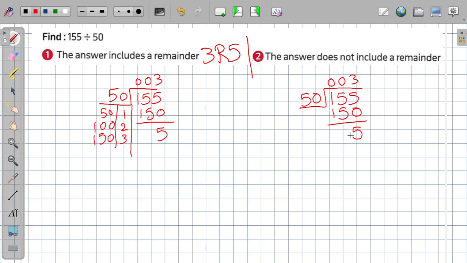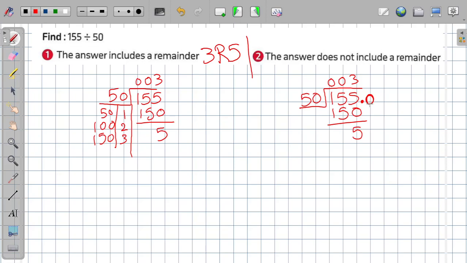So after that, what can I do to continue the division operation? I put the decimal point in the dividend, right here after the last digit of the dividend. Okay, and after that I will put a 0 next to the decimal point.